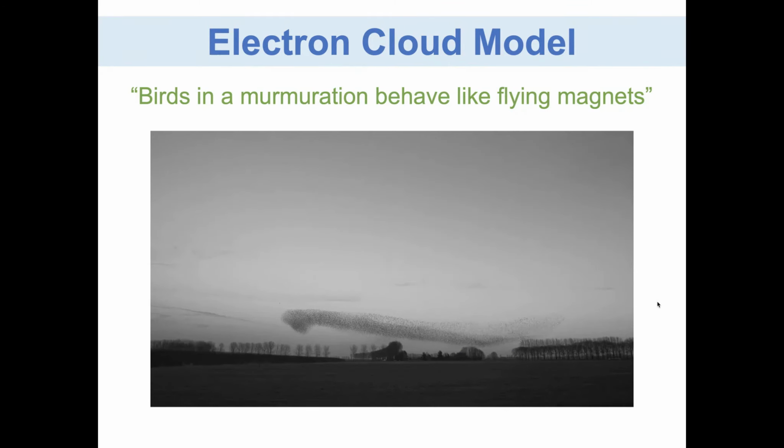The last thing I'm going to try to do, and again, it's hard to describe movement of electrons, especially as waves, but maybe one last way, and this is just kind of cool anyway, is that birds in murmurations kind of behave like flying magnets. And if you think about electrons behaving as particles and waves, but they do have a charge and they do have mass, they're going to repel each other. And so one of the things that we'll move into is electrons are going to fill in around a nucleus very specifically.